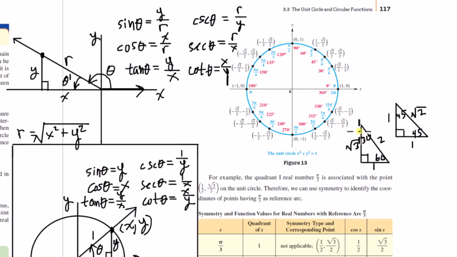So you sit down with a blank piece of paper, draw out these two right triangles, then make your XY coordinate system, and put a circle of radius 1 centered at the origin.